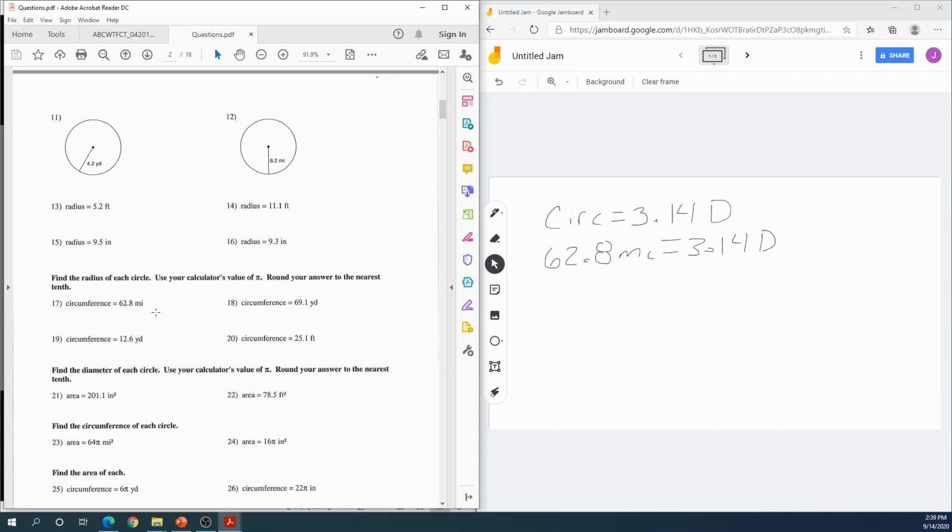So what we want to do is divide both sides of this equation by 3.14 to solve for D. 62.8 miles times 1 over 3.14. So again, 3.14 is a constant here. We don't have to worry about units with it.